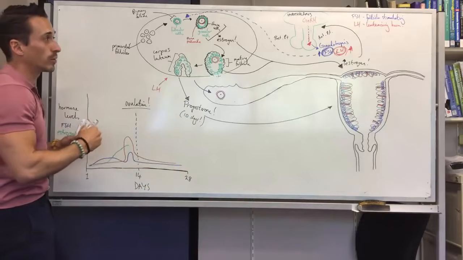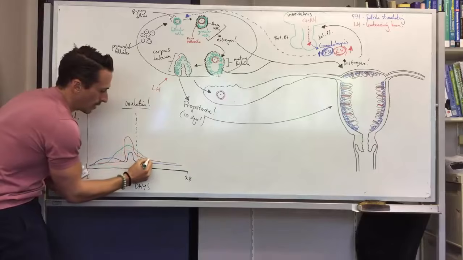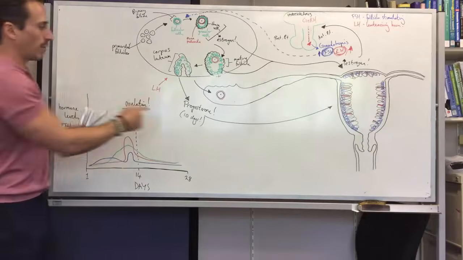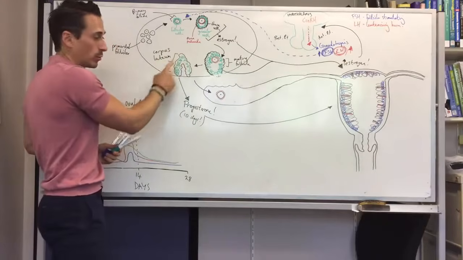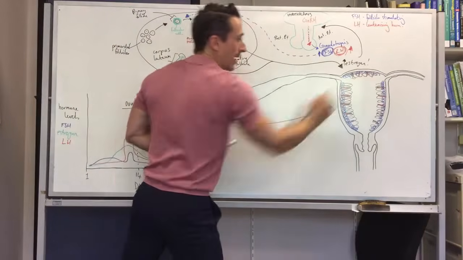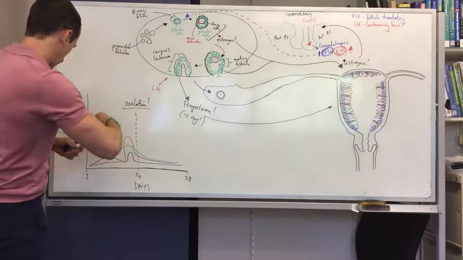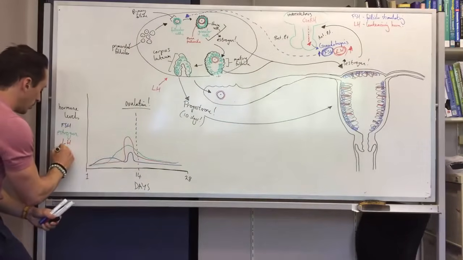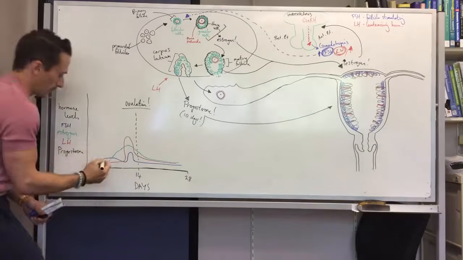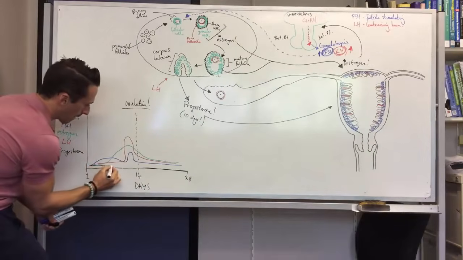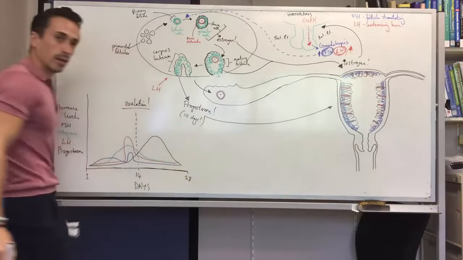The estrogen levels have gone up and then start to drop back down again. But for 10 days, progesterone is continually being released by the corpus luteum to continually prepare this endometrial lining, which means that if I were to now draw progesterone up, it starts off low and then jumps up high and then jumps back down again.